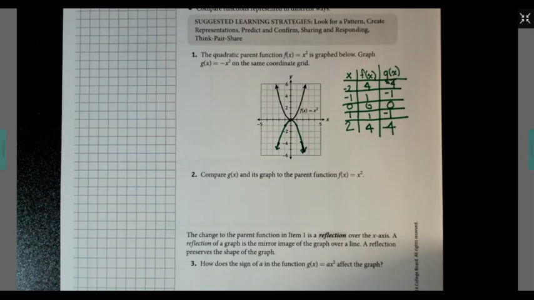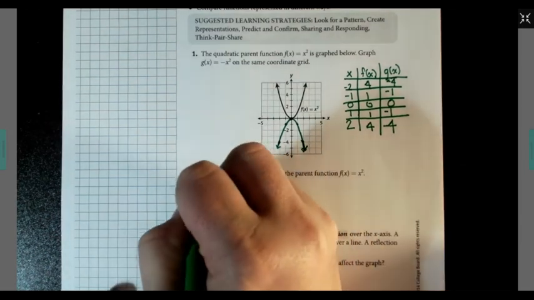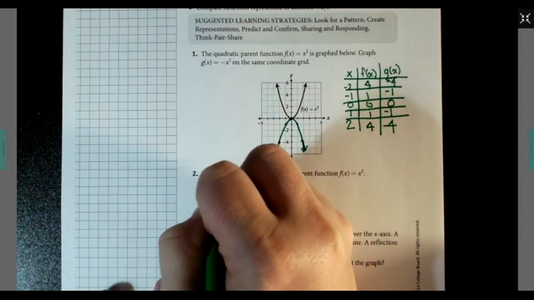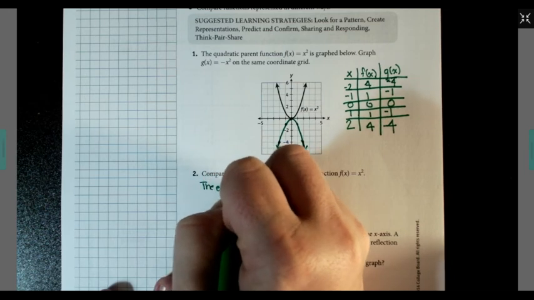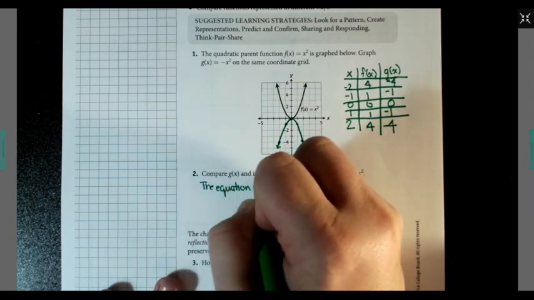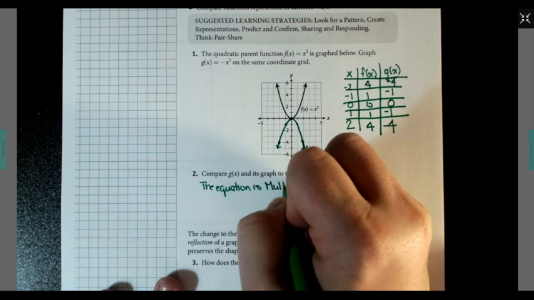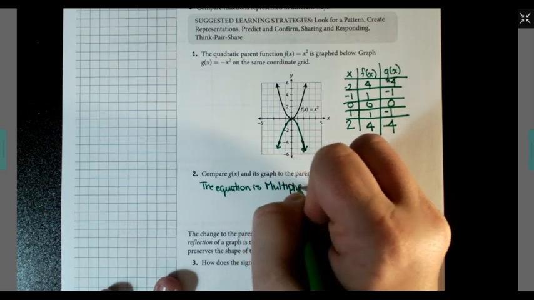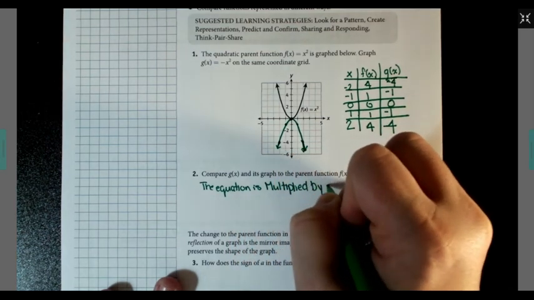All right, it says compare g of x and its graph to the parent function f of x equals x squared. Well, we notice that the equation is multiplied by -1.